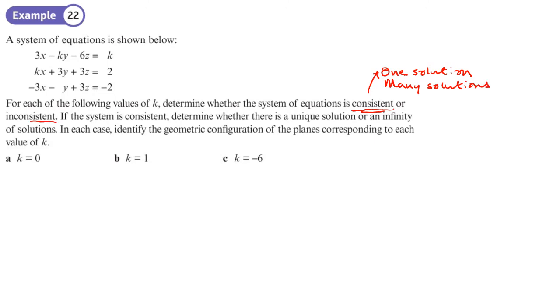And inconsistent is just going to mean no solutions. If the system is consistent, determine whether there is a unique solution, which means they meet at a point, or an infinite number of solutions, which means that we're going to get a sheaf if that's the case.